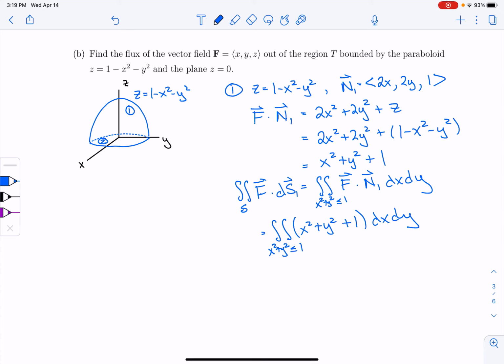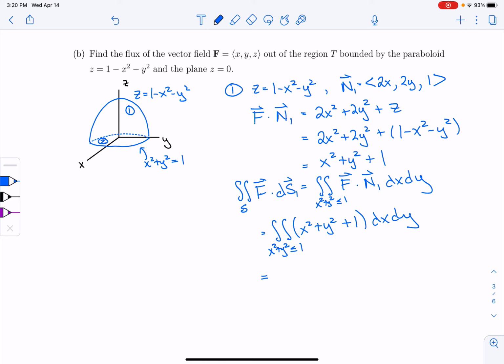X and y are going to be restricted to the interior of the circle x squared plus y squared less than or equal to 1, okay, because this is the intersection of z equals 1 minus x squared minus y squared and z equals 0. Well, this is clearly a circular region. And so I want to do this actually in polar coordinates.